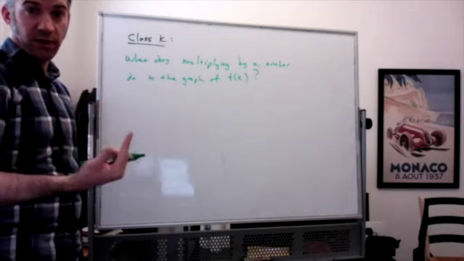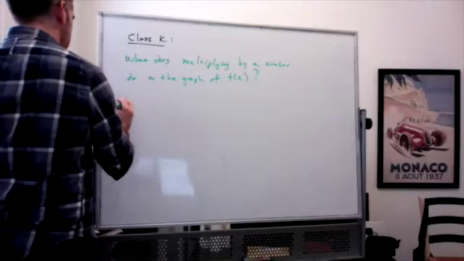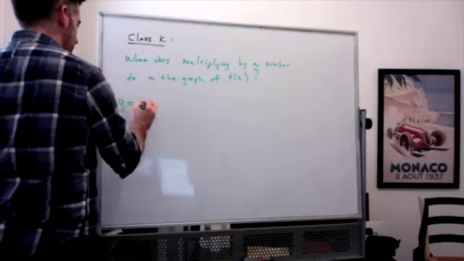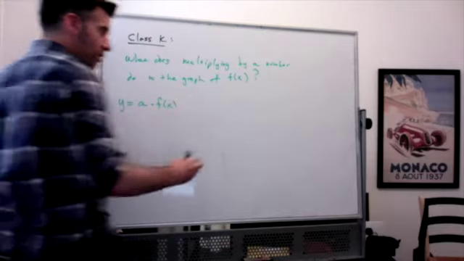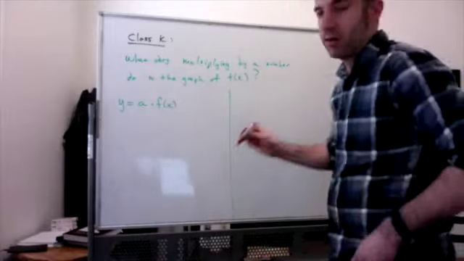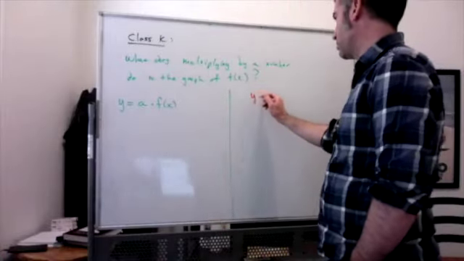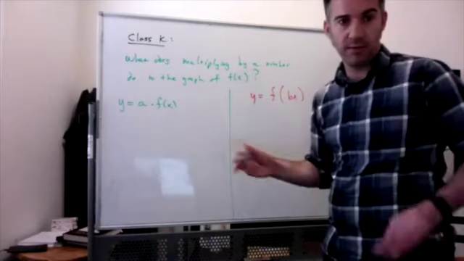There's if we multiply outside of the function and if we multiply inside of the function. So we could have y equal to a number a times f of x, where a is outside, versus, let me use a different color, y equal to f of b times x, where b is inside.